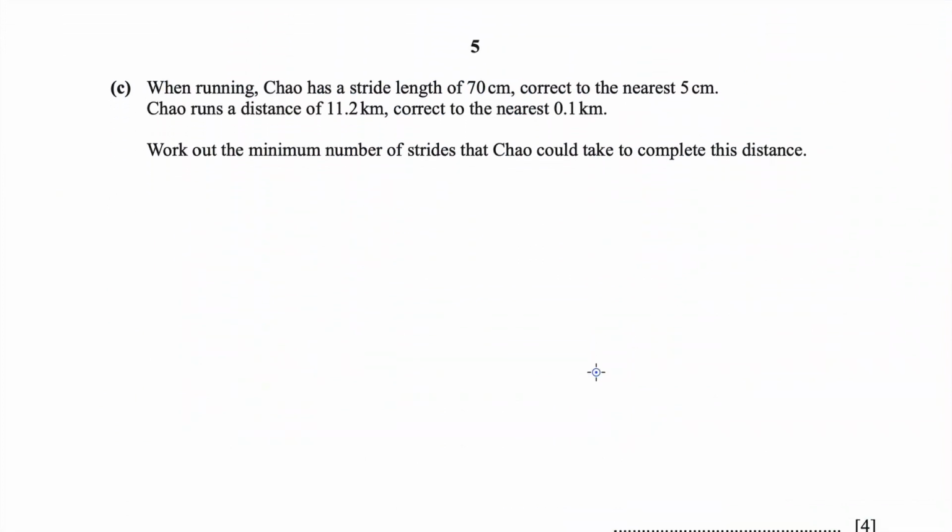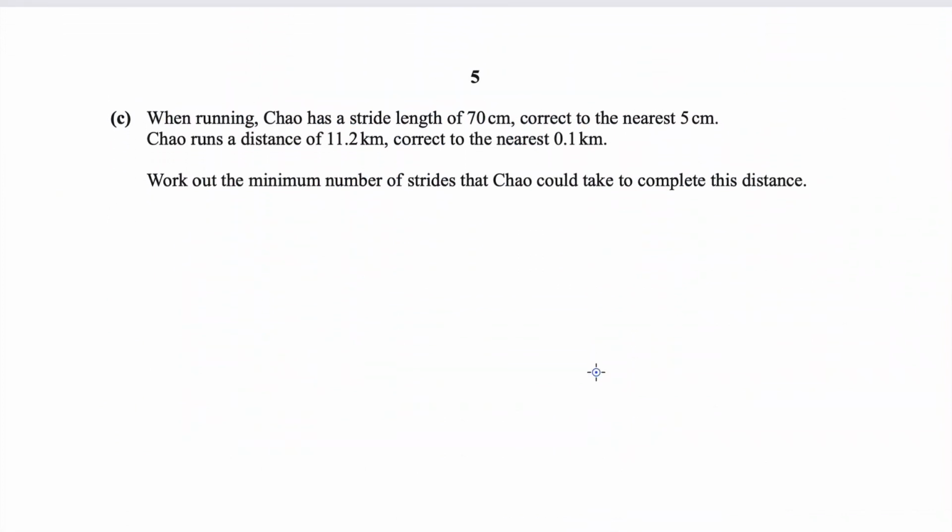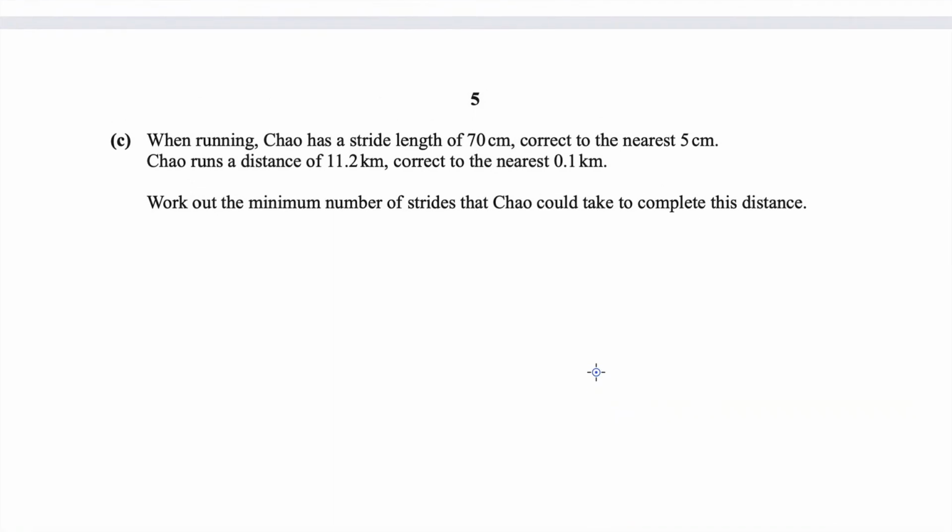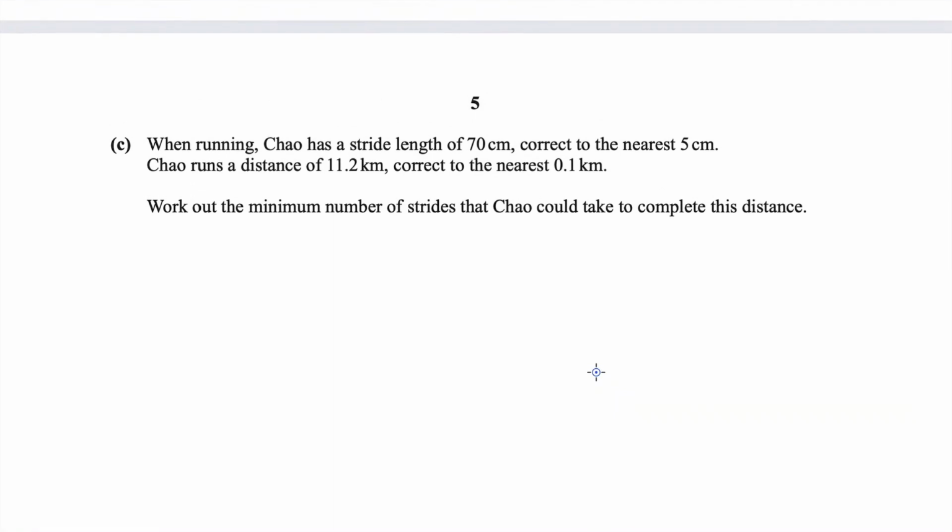Okay. Part C. When running, Chow has a stride length of 70 centimeters, correct to the nearest 5 centimeters. Chow runs a distance of 11.2 kilometers, correct to the nearest 0.1 kilometers. Work out the minimum number of strides that Chow could take to complete this distance.